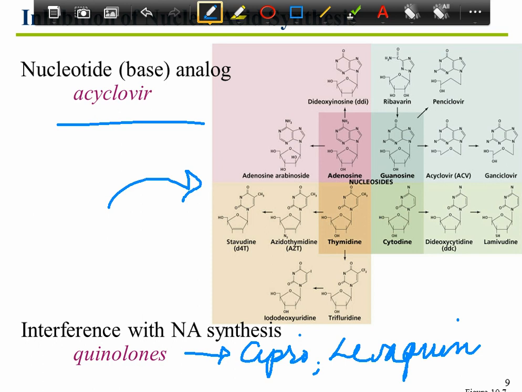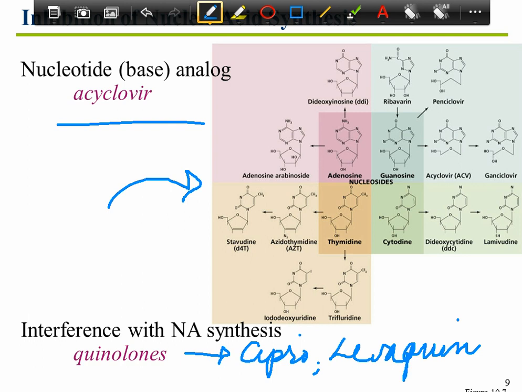So if these drugs are present, and by the way, these are all antivirals, and remember, a virus gets into a host cell, and the host cell actually reads the DNA or the RNA, some viruses are RNA, and replicates the nucleic acid using nucleotides made by the host cell. Host cell's doing everything.